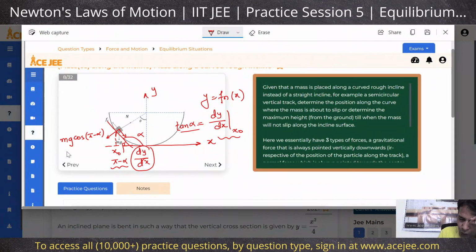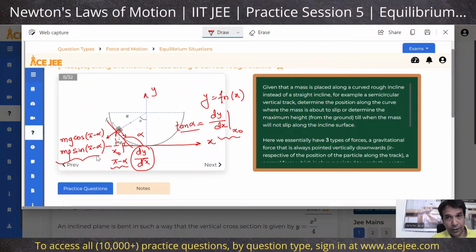Right? And what is the other one? There'll be the sine component of it. So there'll be mg sine of pi minus alpha. Okay? So that's one scenario.